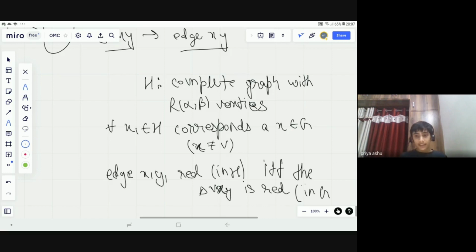Is the construction of H clear? Are there any questions about the construction of H?